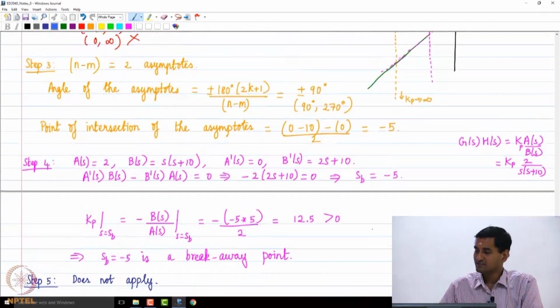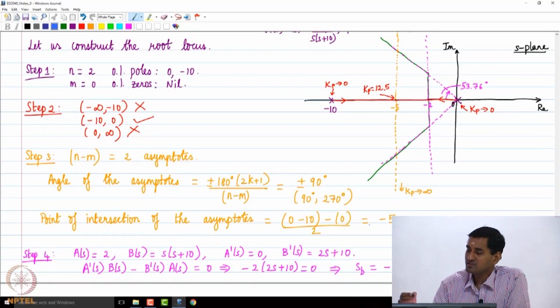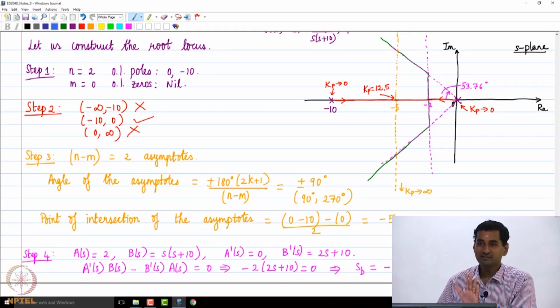That means that the root locus does not cross the imaginary axis except when it starts at the open loop pole, that's it. So that's what we can interpret from this calculation. There are no further crossover points. It starts at the origin when K tends to 0, because that's an open loop pole.